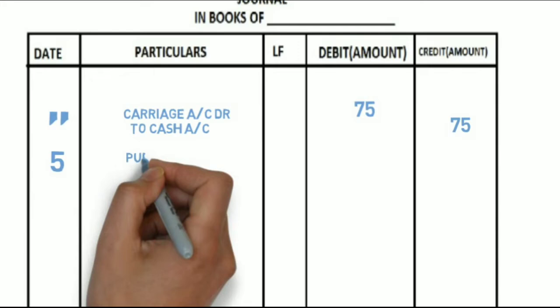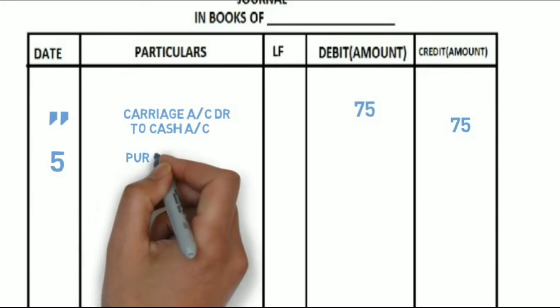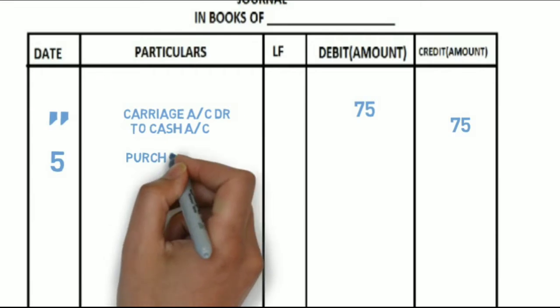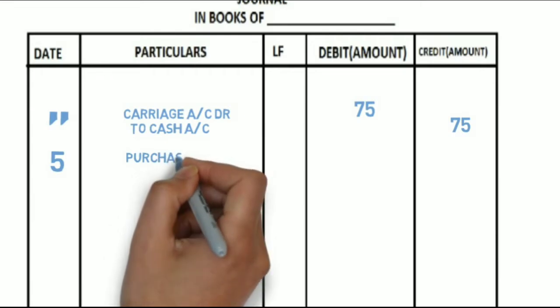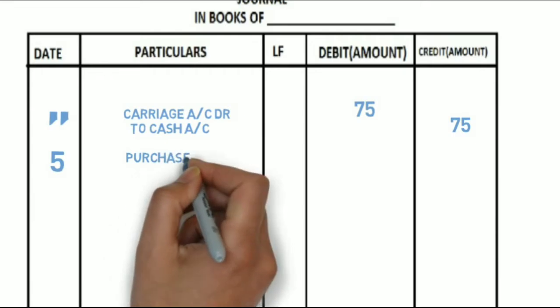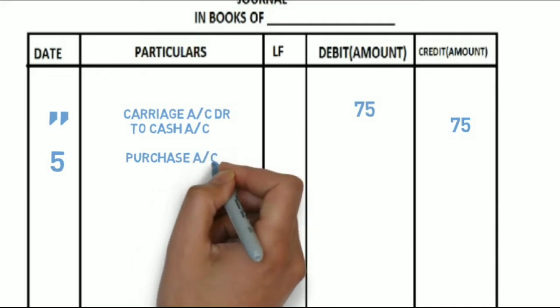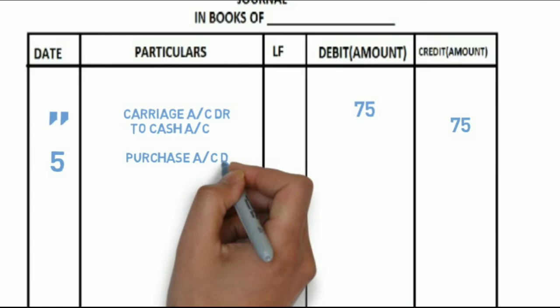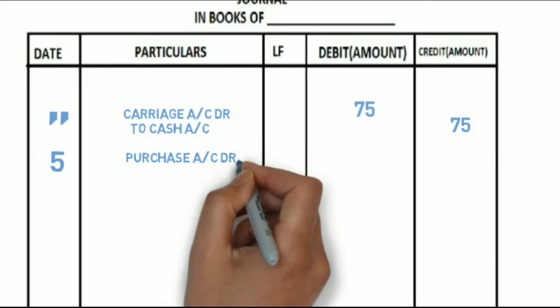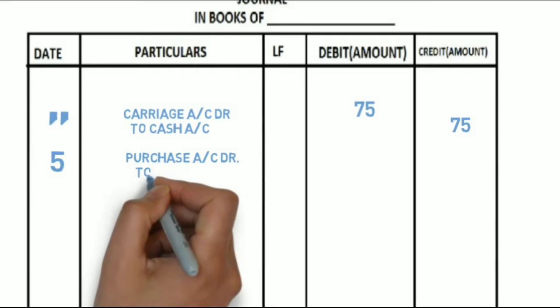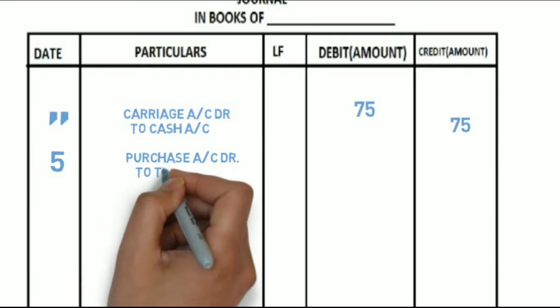So always mark, when in a transaction the word from is used, he will be a creditor in most of the cases. When the word to is written in the transaction, it will be a debtor. Okay, so now the word from is used, so here he should be a creditor.